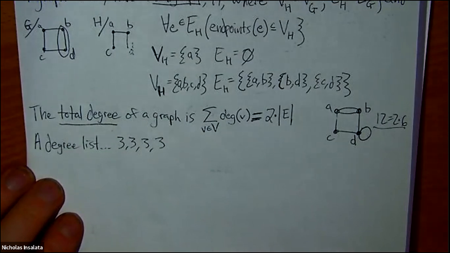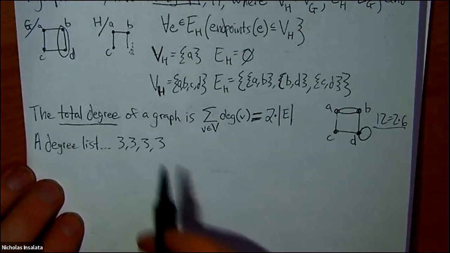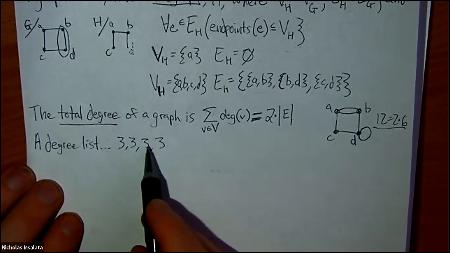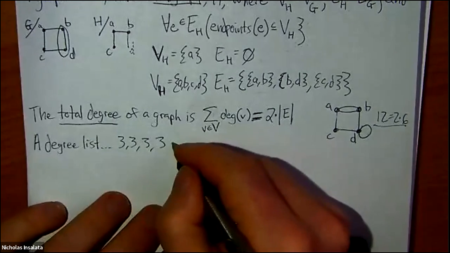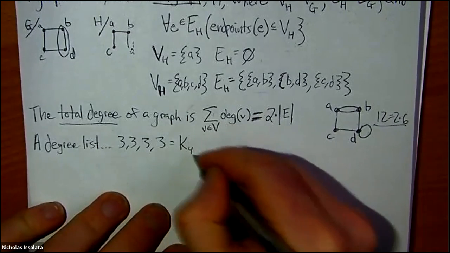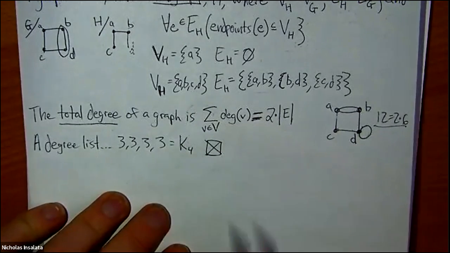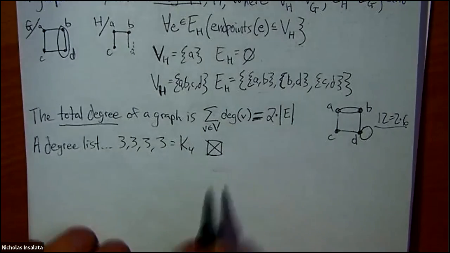I don't think your book uses that terminology, but we'll just use it in here. So we have 4 vertices. Each one has degree 3. What graph is this? K4, right? It's this guy, right? Each vertex has degree 3.